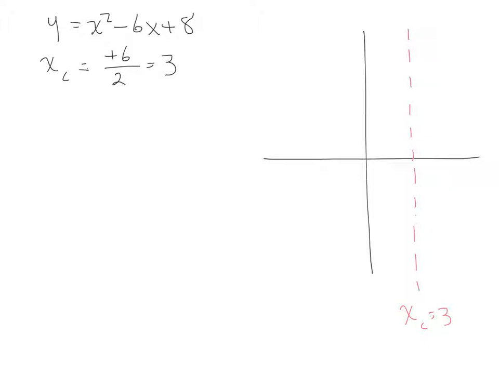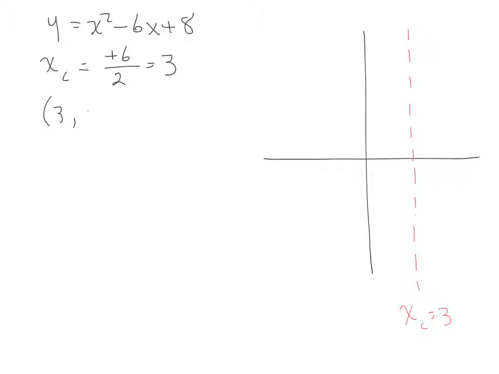And of course, let's get the vertex this time right off the bat. And that means when we plug in 3 for x, we're going to get 3 comma. Plugging in x is 3, we're going to get 9 minus 18. So 9 minus 18 is -9 plus 8.